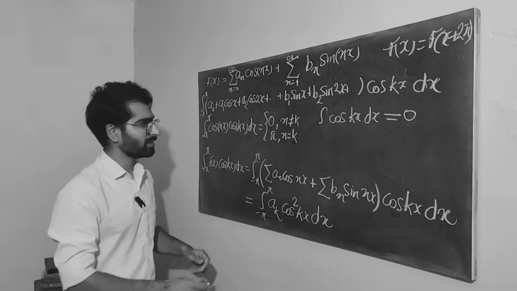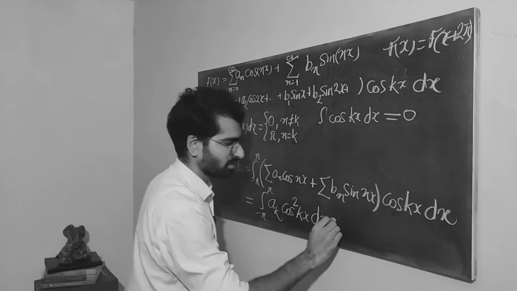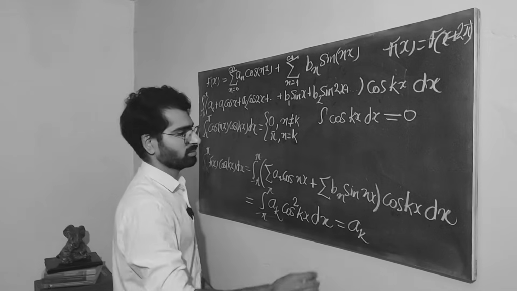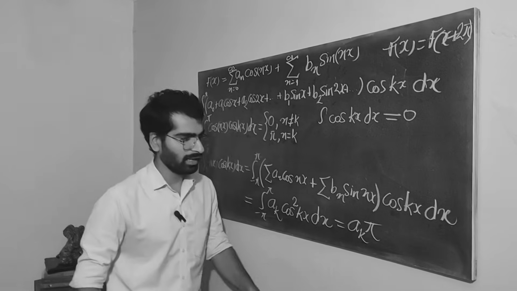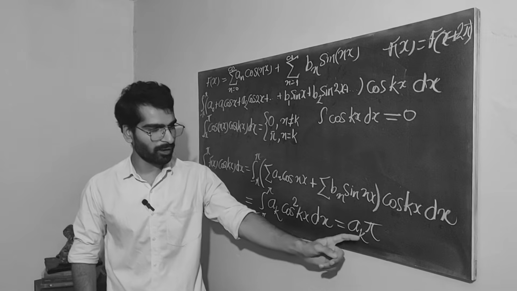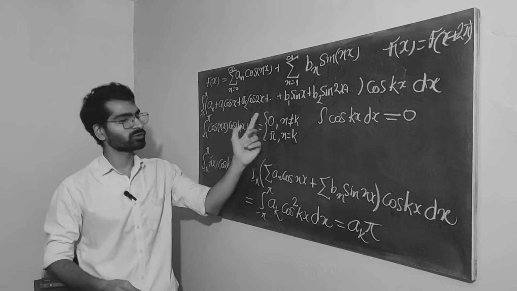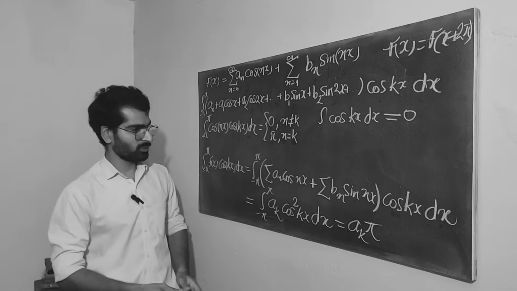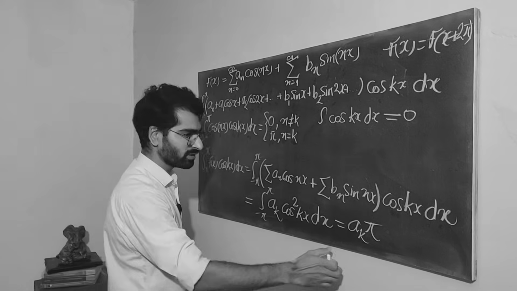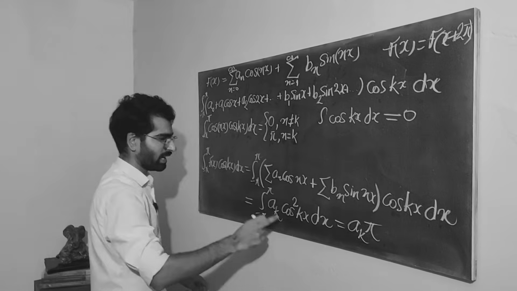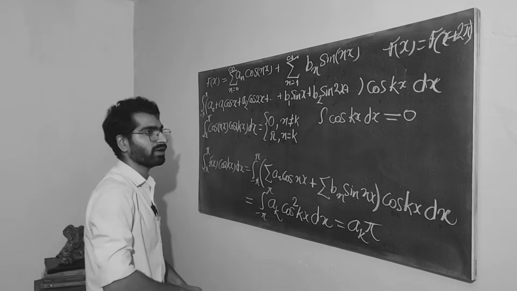And this is a very easy integral. This becomes ak times pi. And look, I have found you the kth coefficient for those cosine waves. And so all I have to do is, because this is that, all I have to do is divide it by pi.